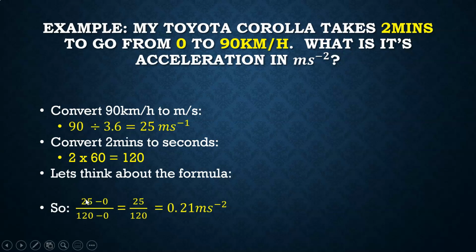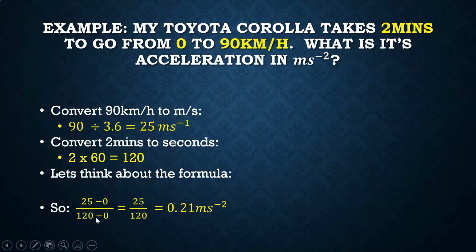Okay, my final speed is 25 meters per second. My initial speed was 0, so I'm saying 25 minus 0, so my change in speed is 25 meters per second. My change in time, it took me 2 minutes to get to that.